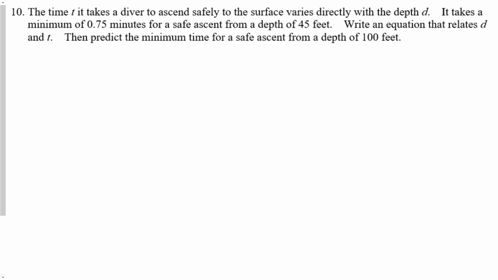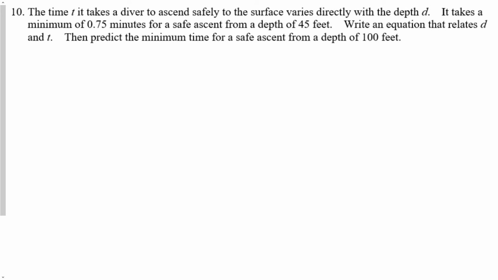Lastly, we have to be able to take word problems and do a very similar process that we started out with, reading through the problem, determining which type of variation we're dealing with, using that general form to find information, and before that even being able to write the equations.